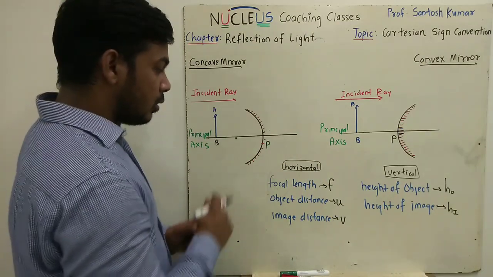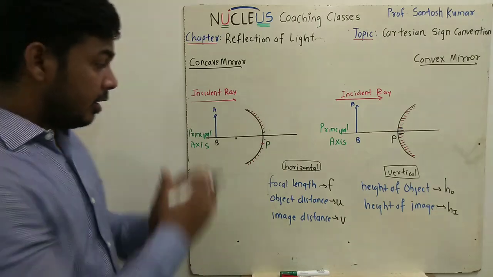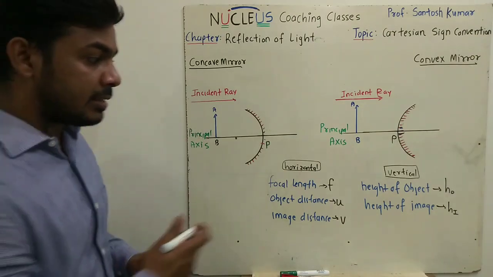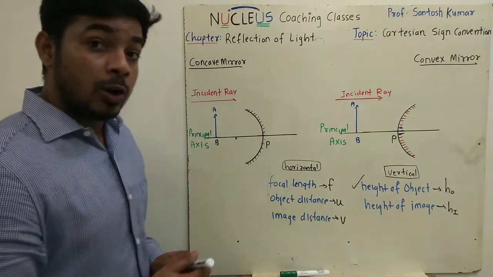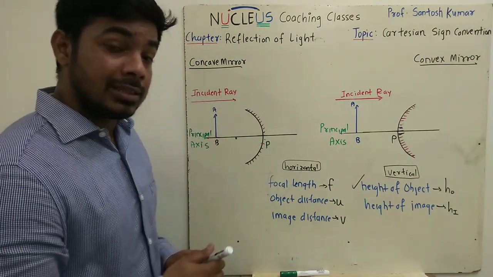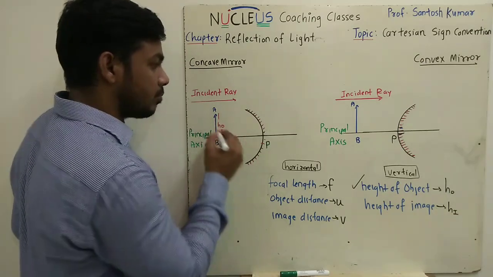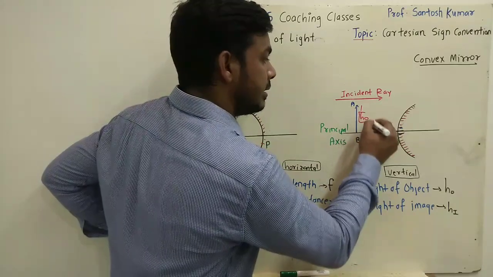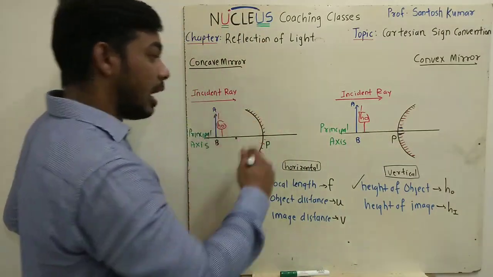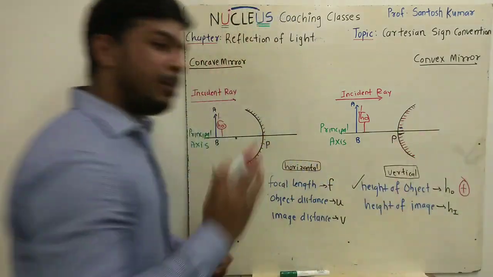As I have already considered an object AB which is kept perpendicular to principal axis, let's calculate first of all height of object. So height of object, as I said, is a vertical distance. This is marked as h naught and this is also marked as h naught, and this distance lies above the principal axis, so height of object will always be positive.